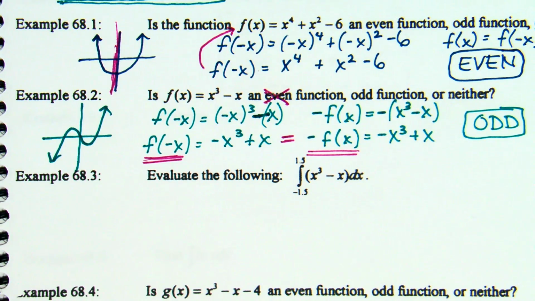Okay. Example 3. Evaluate the following. The integral of x cubed minus x from negative 1.5 to 1.5. What do I do? Okay, what's the integral of x to the third?